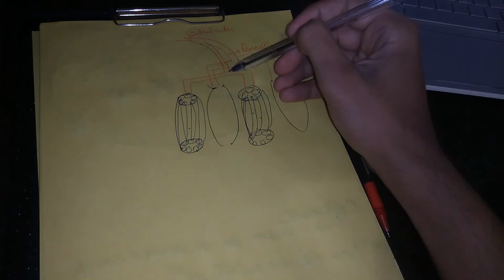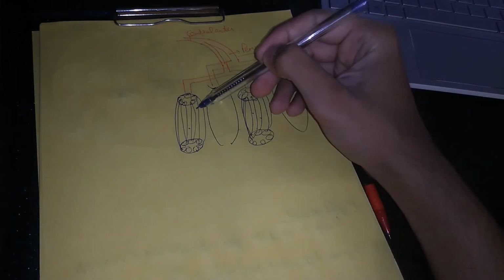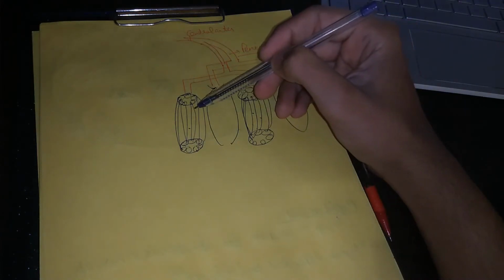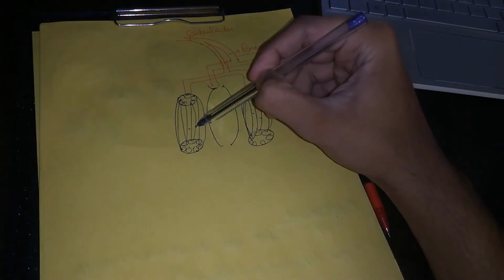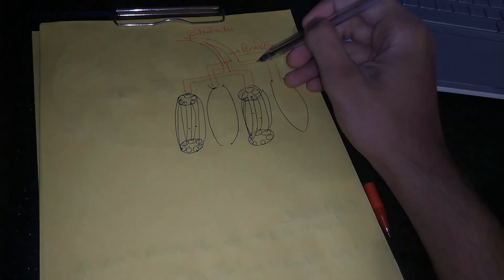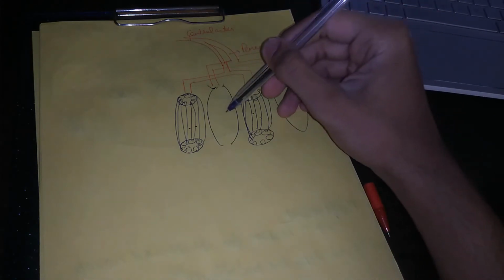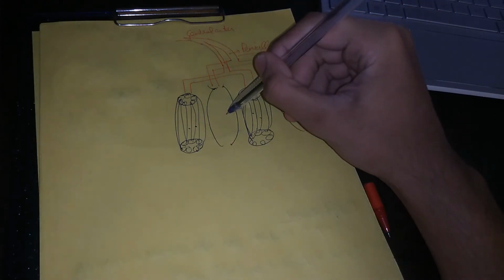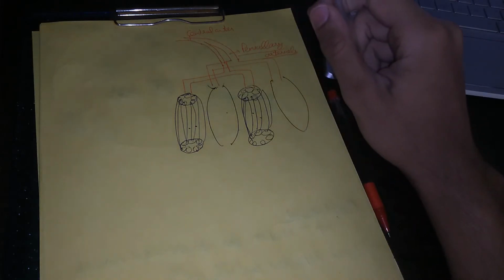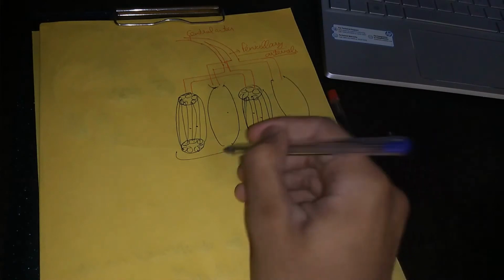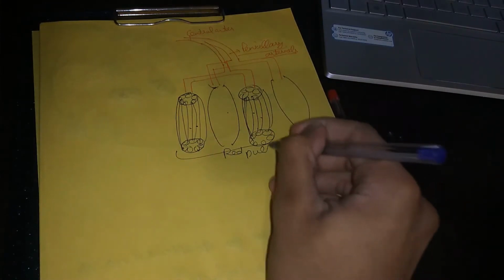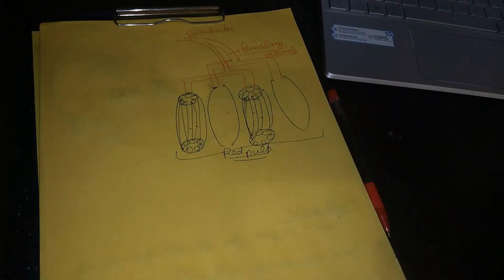When terminal arterioles open into the splenic sinusoid, this is called closed circulation, and when the terminal arterioles open into the splenic cord, this is known as open circulation. Okay guys, these all are called red pulp because they have blood all around them.